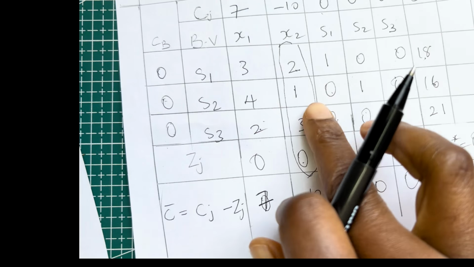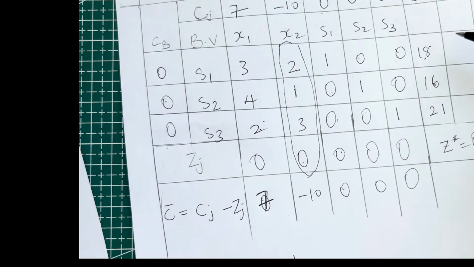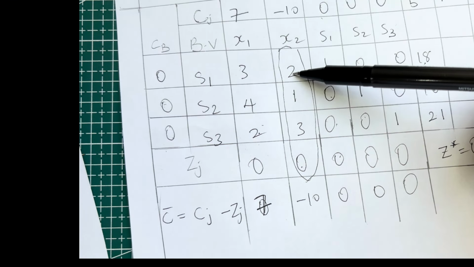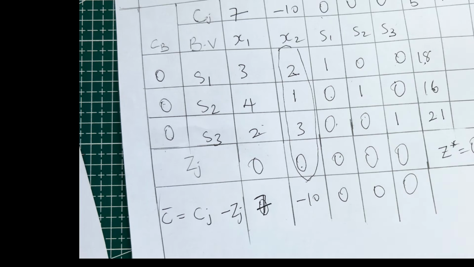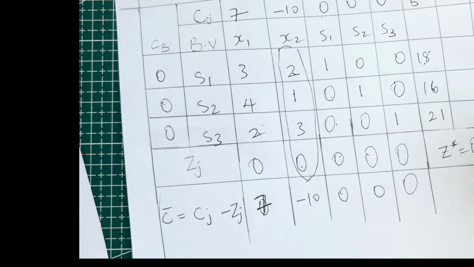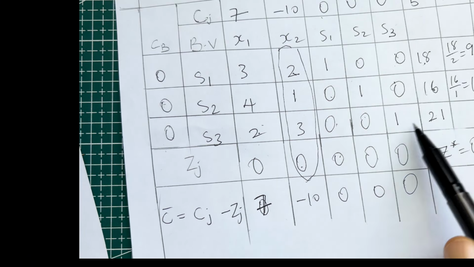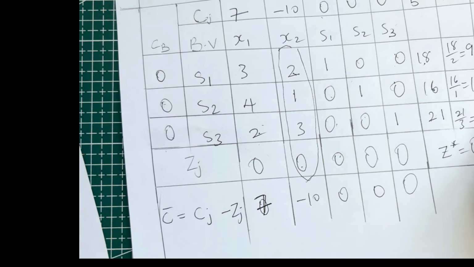From our pivot column or key column, we get our ratio, which is the solution over the key column. So we have 18 over 2, which gives us 9. 16 over 1, which gives us 16. 21 over 3, which gives us 7.